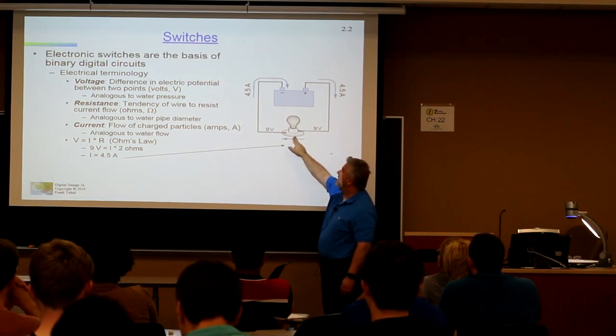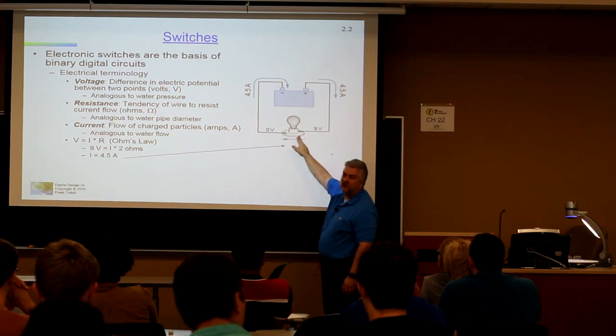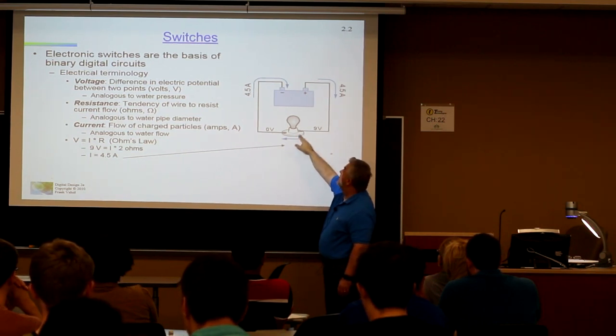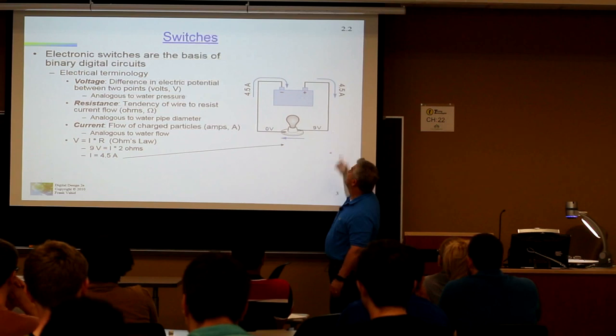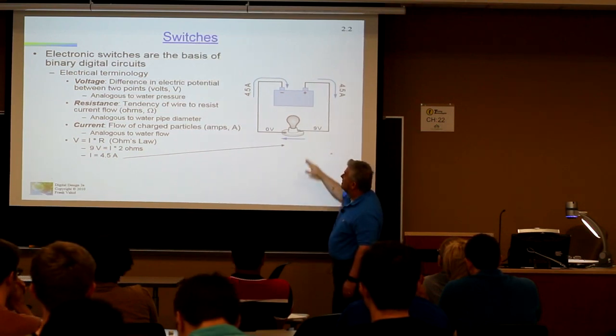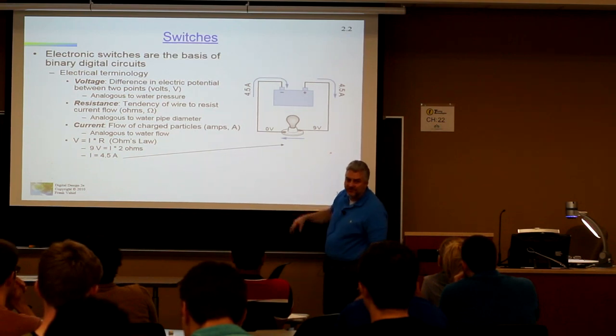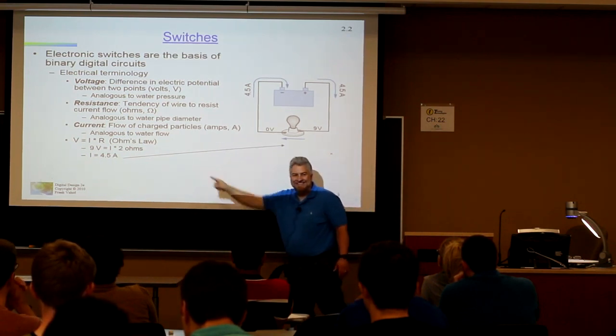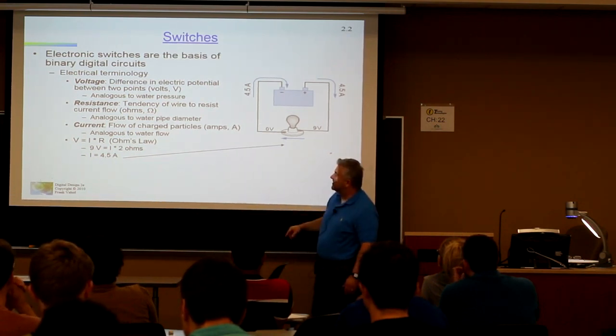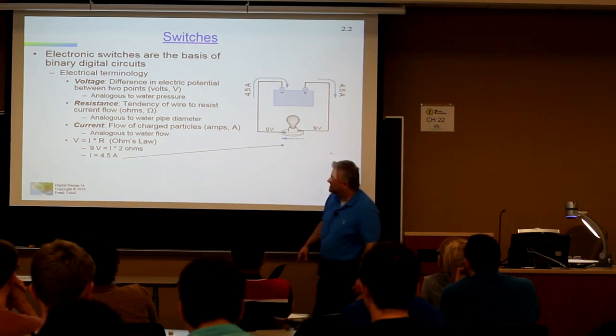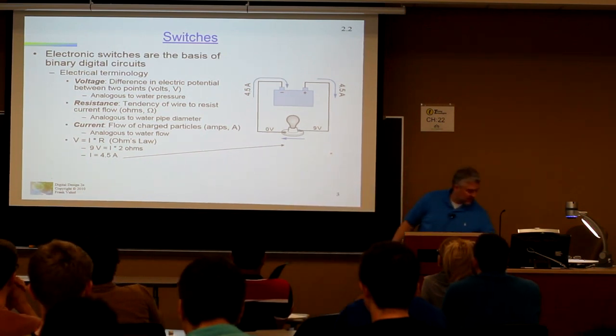And if this device here has a certain amount of resistance, and we identify our current as 4.5, so what do you think that light is? How many ohms? It's kind of up there too, right? 2. V equals IR, right?